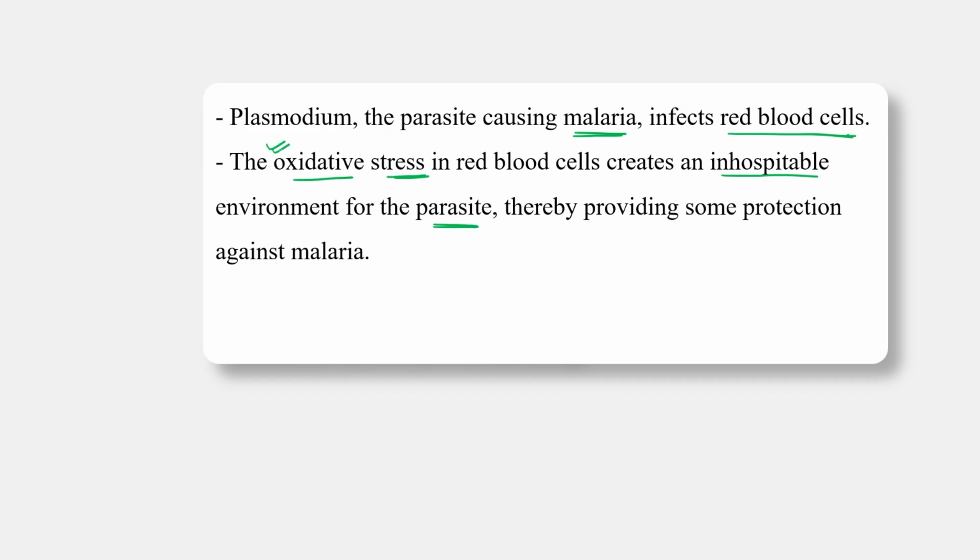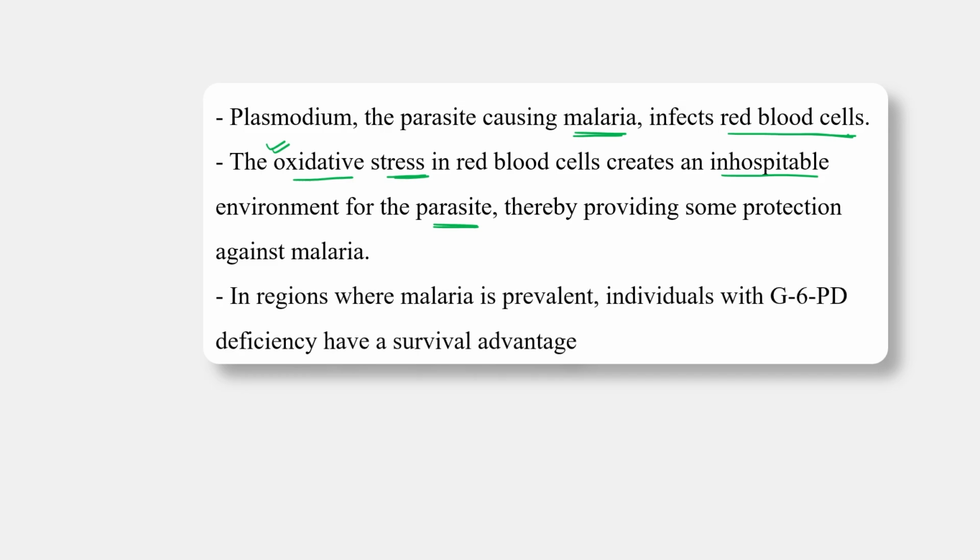Because that particular enzyme is not present in these individuals, oxidative stress occurs in the RBC, and that oxidative stress creates an inhospitable environment for the parasite, thereby providing protection from malaria.